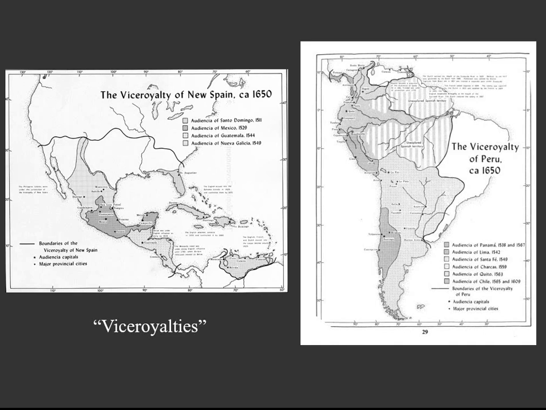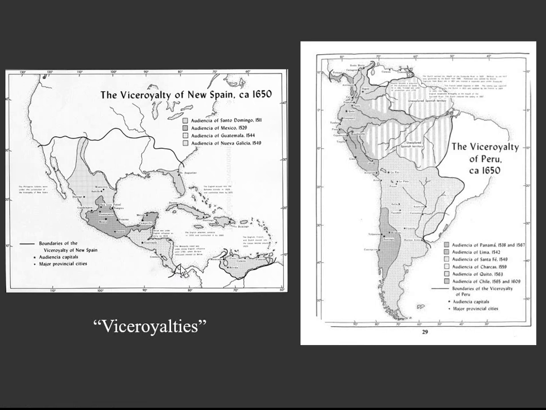The original two viceroyalties broke the Americas up into two sections, a north and a south. There's a dividing line at Panama, which you see on the map on the left. Everything north of that line became known as the Viceroyalty of New Spain.